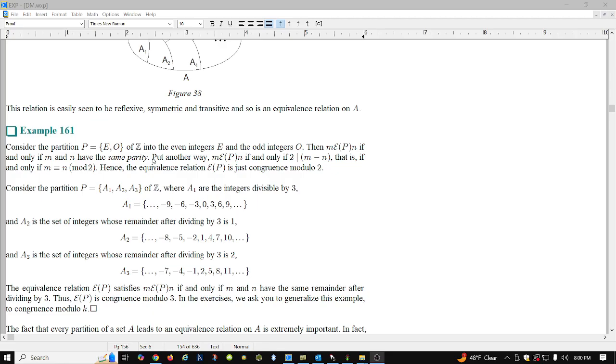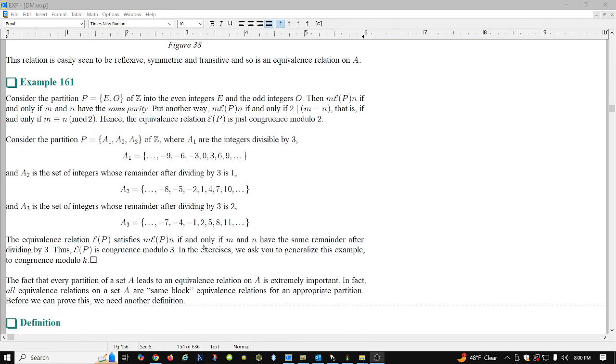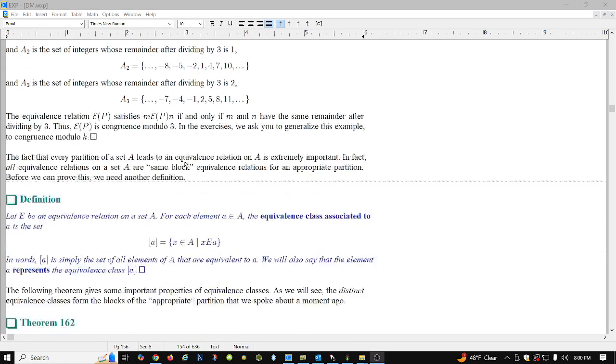Another way to say that is that M and N are related if 2 divides the difference, M minus N. So the same block equivalence relation here is just congruence mod 2. And you can generalize that to congruence mod 3 and to an arbitrary congruence modulo N. I'll let you fill in the details should you be interested.